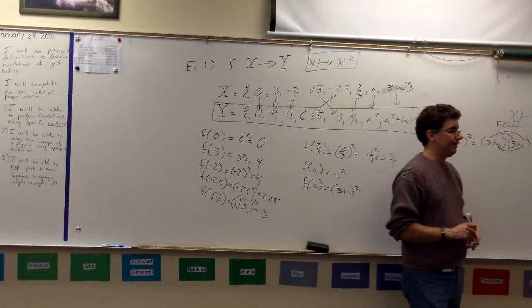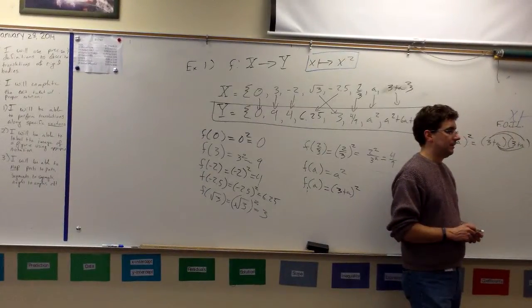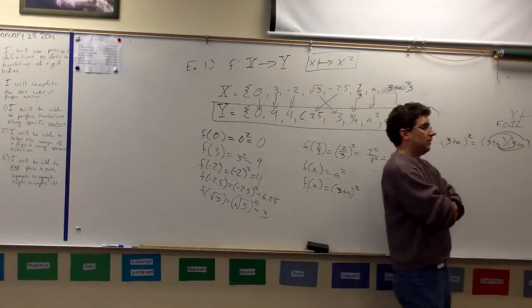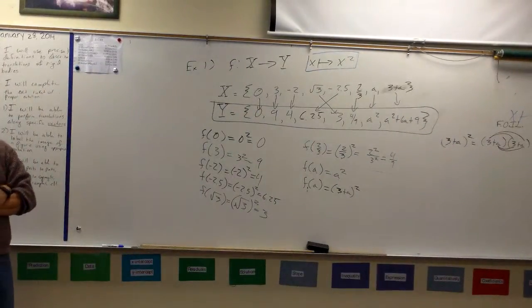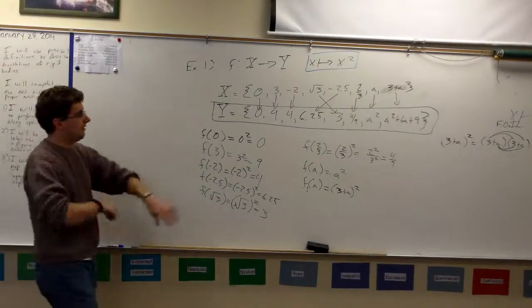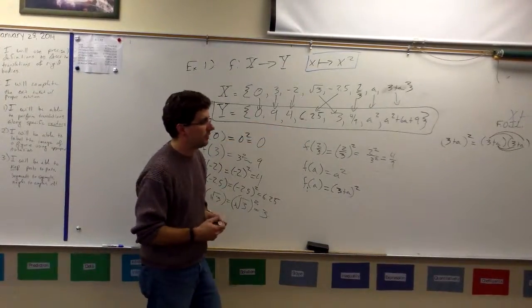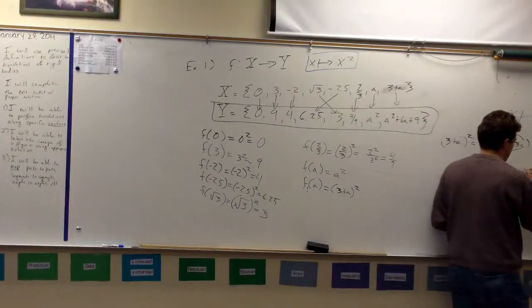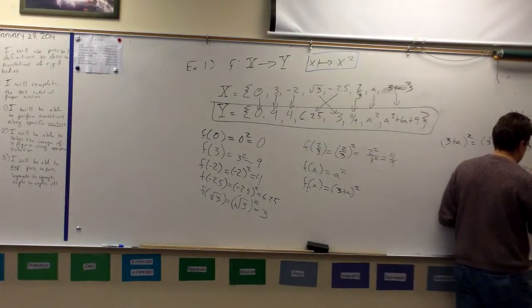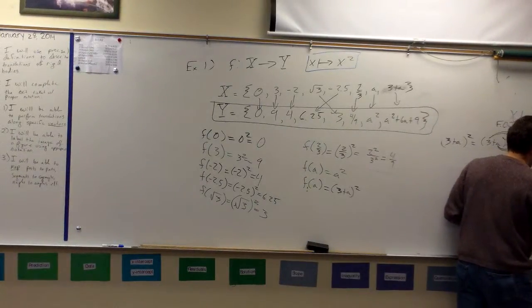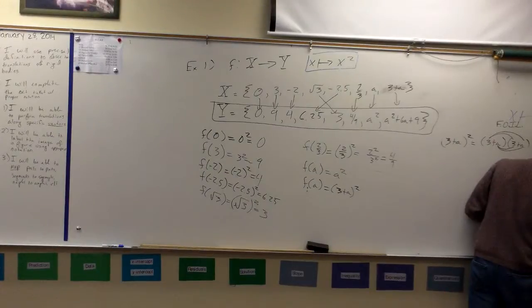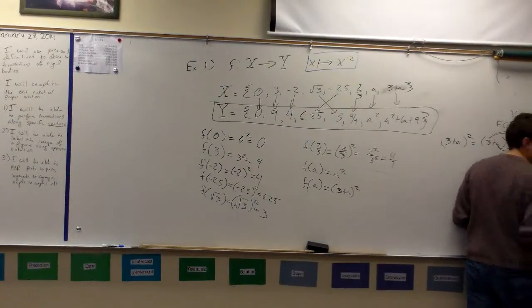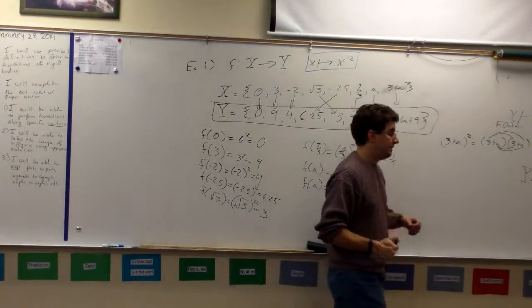Okay, look on your paper at the bottom. It's saying, I'm giving you the range. I'm giving you these values. But in this case, the range is 1, 4, 9, 16, 25, and so on.